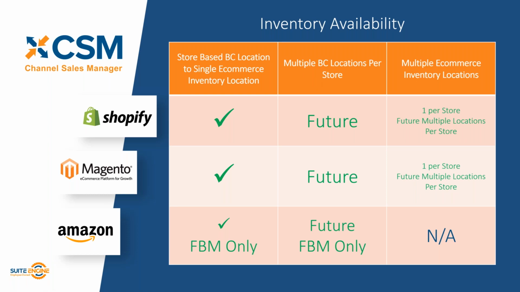How much inventory do we have for them to be able to sell? And so for Amazon, we're really only doing things with FBM, right? Because FBA, the inventory gets communicated to them in a different way. They actually have our inventory.